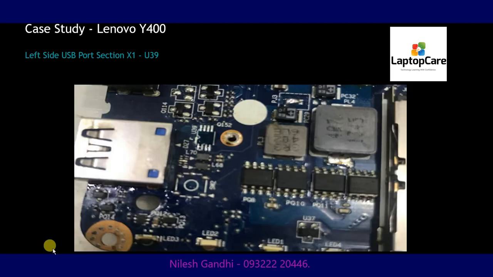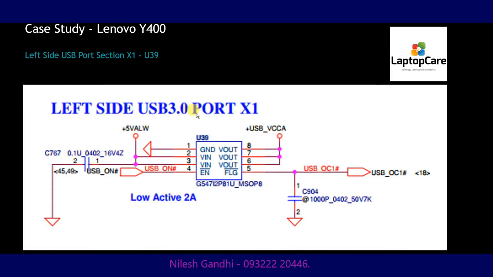After removing this IC, you can see this is the USB 3.0 port, and this was the location of U39. That was a supply IC to the USB.